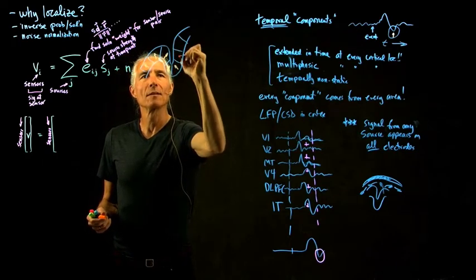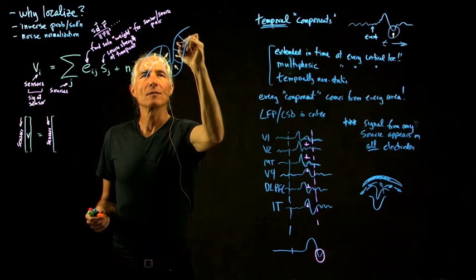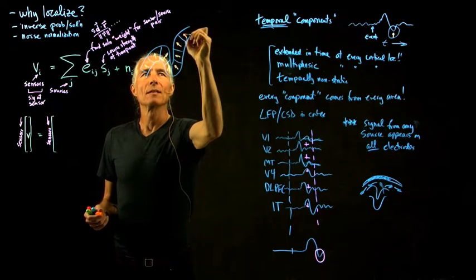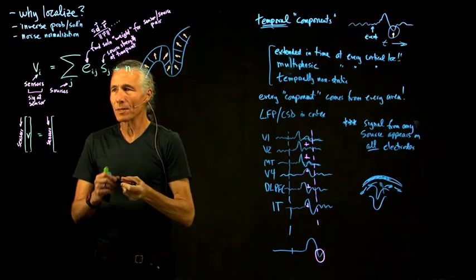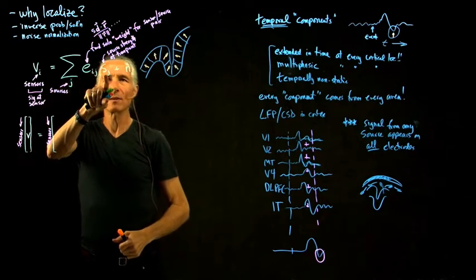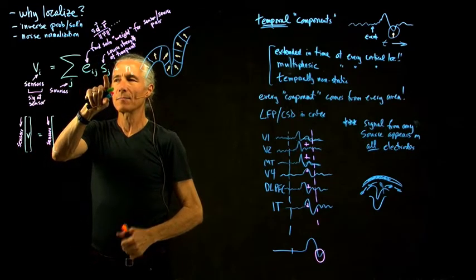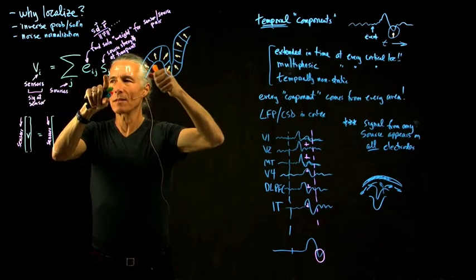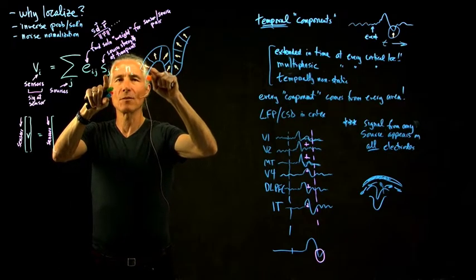That's because of our knowledge about the current source density, and it could have an amplitude, which is this source strength. That means how long is the vector, but you can't rotate the vector. It's just fixed perpendicular to the cortex at that point.